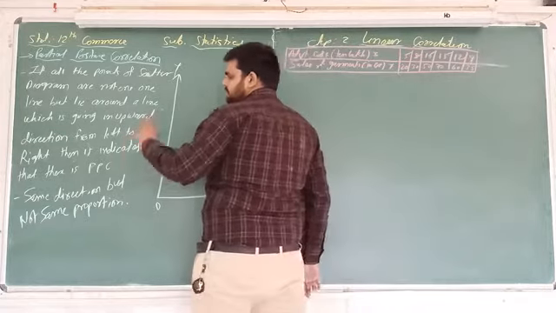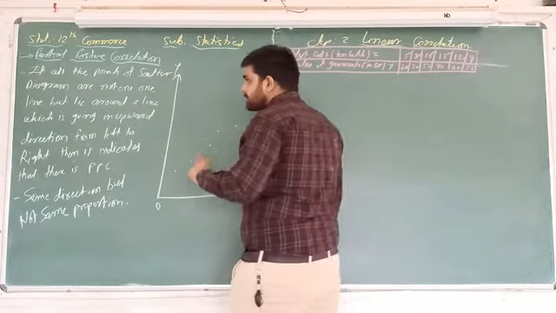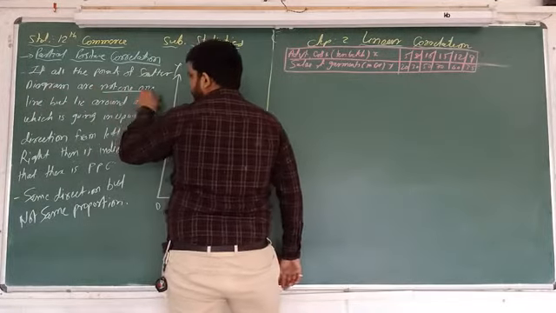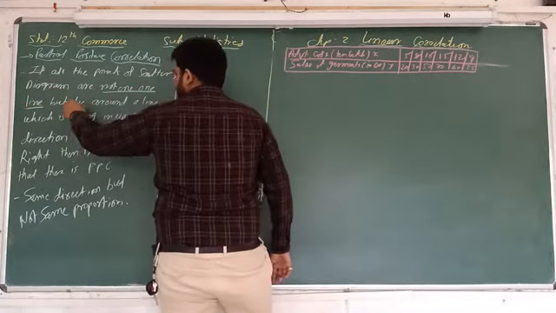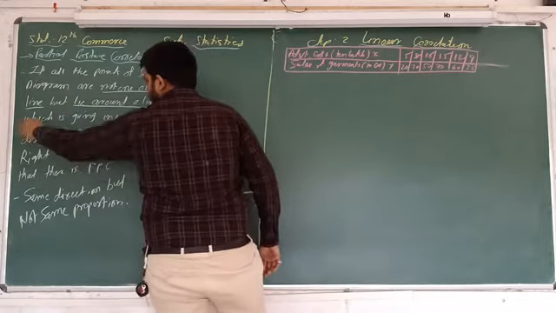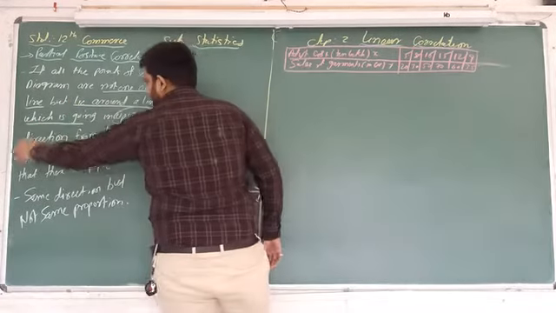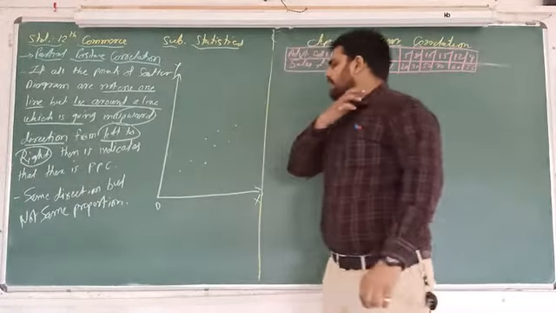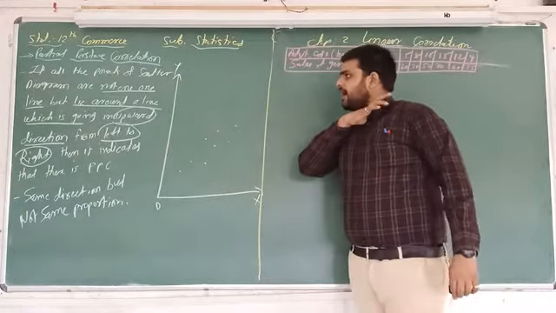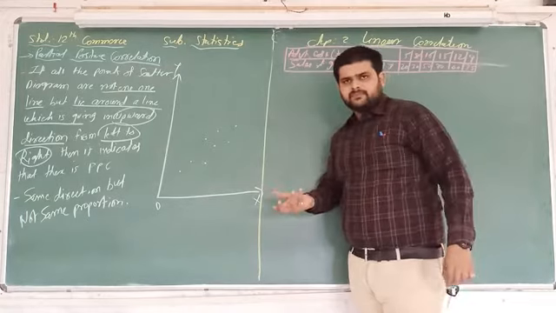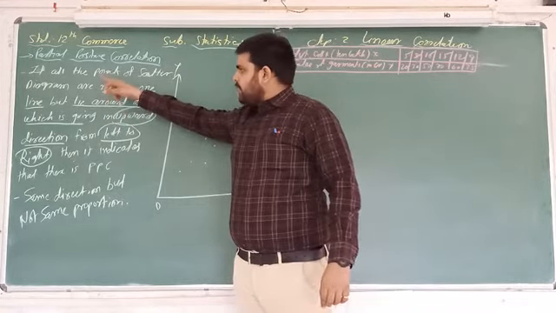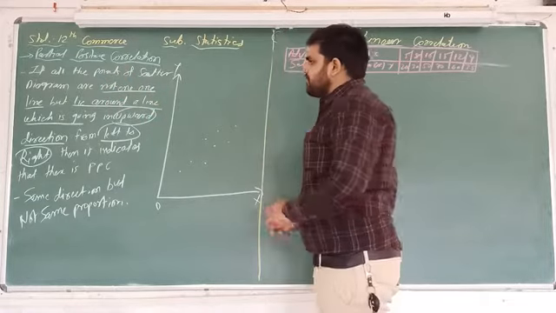So here, if all the points of the scatter diagram are not in one line, but lie around a line which is going in an upward direction from left to right, then it indicates that it is a partial positive correlation. Again, in the diagram, all the points are not in one line.